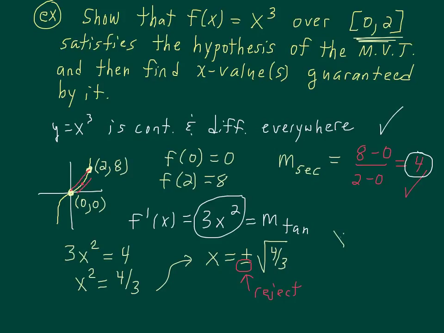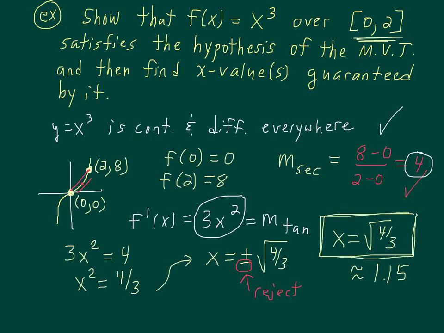So x equals the square root of 4 over 3 is going to be our only applicable answer. If you were to punch that into the calculator, you would see that that is approximately 1.15, which of course is somewhere within our interval. So this would be the value guaranteed by the mean value theorem.